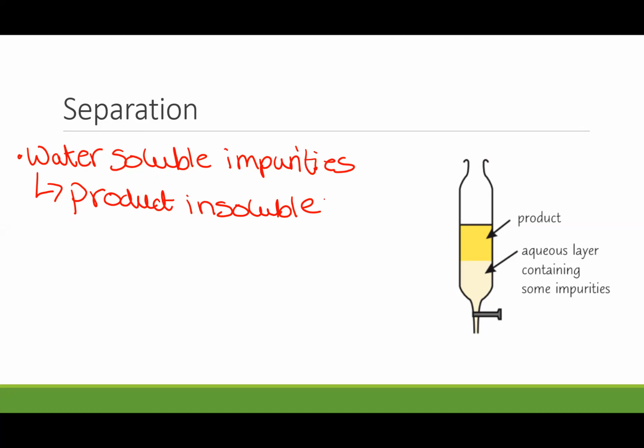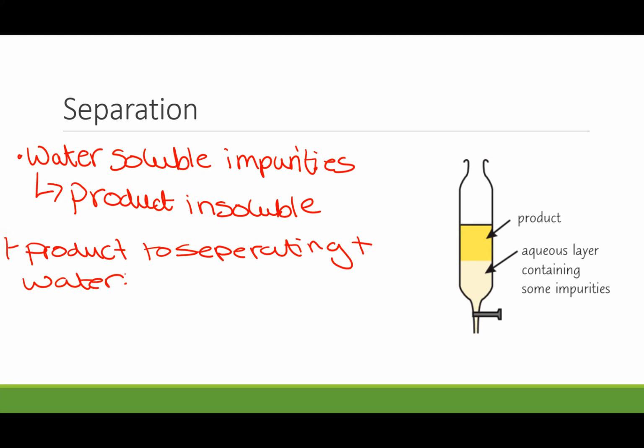So the first thing we do is we add the product to the separating funnel, and we add water. The next thing we do then is we shake the separating funnel.